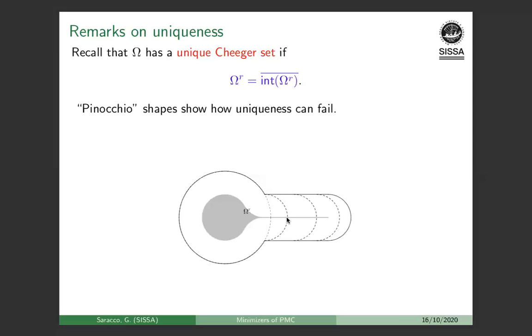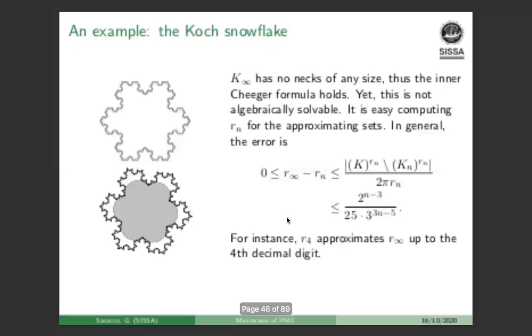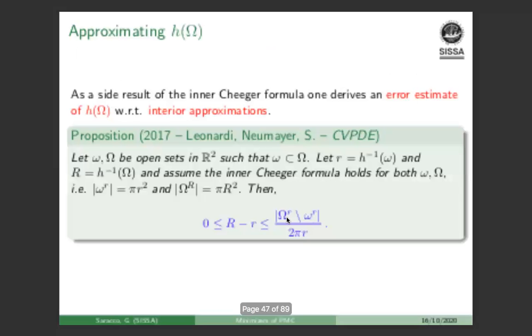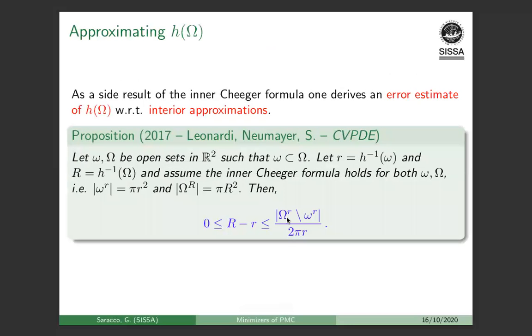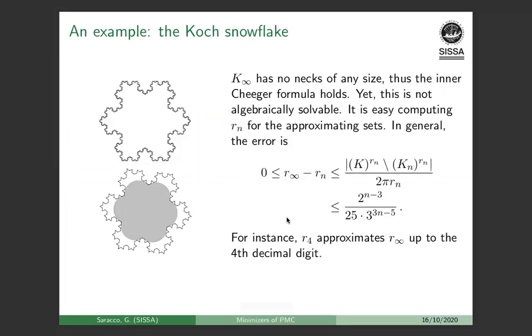To be honest, it's not very clear to me also the example of the snowflake, actually the theorem before. I didn't understand very well the theorem that you use in the example. The snowflake is built by taking, can you see the arrow on my screen?